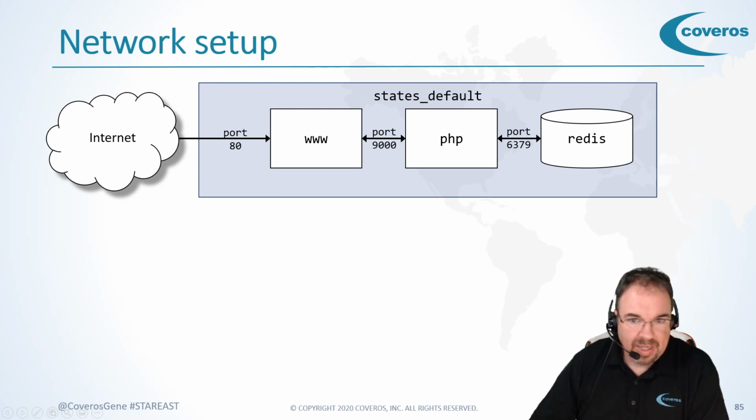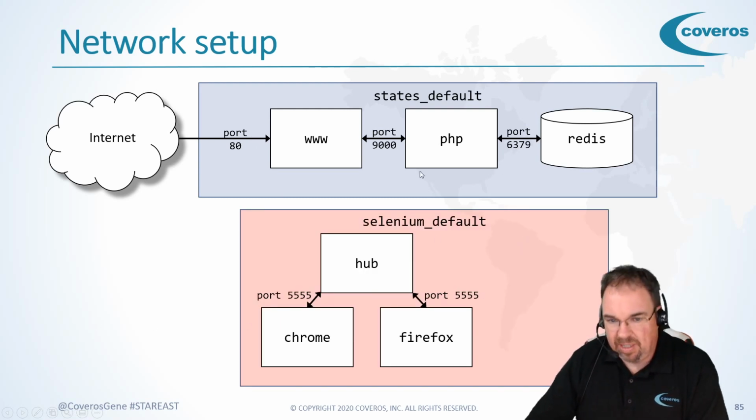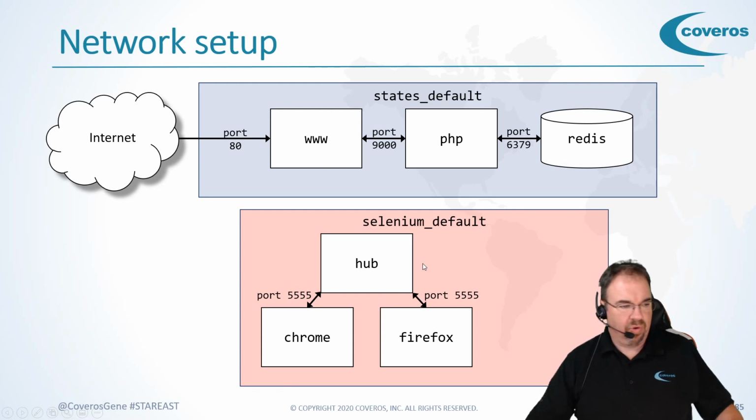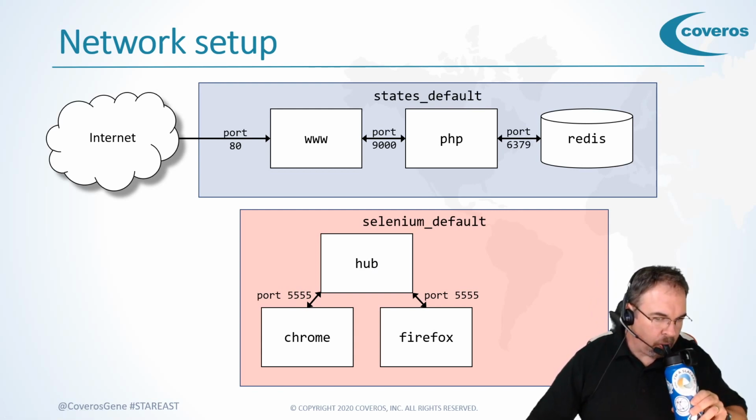That's step one. Then we stood up a whole separate network that doesn't talk to this, that just had a hub, Chrome, and Firefox. And they were both running on different IP addresses, both on port 5555. The hub, we saw the grid was running on port 4444, right?